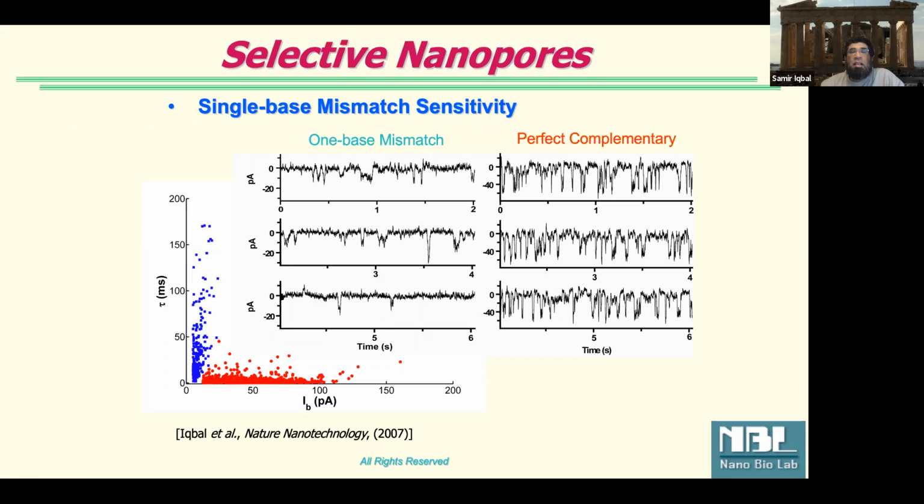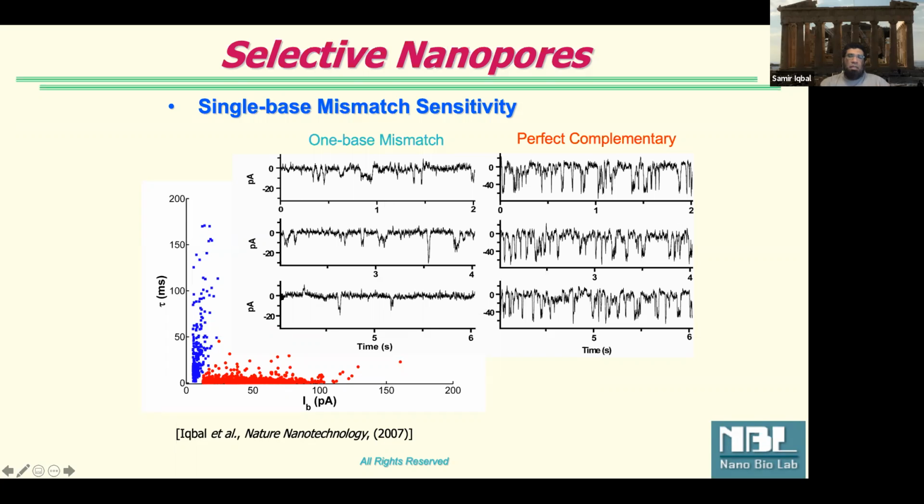Think about it, that's the ultimate level of mutation, one base mismatch. Many bases mismatched is a bigger mutation. This was where we could detect, and you can see the difference in signal. Perfect complementarity shows many, many more spikes, which are much narrower. A mismatch shows fewer spikes and bigger spikes.